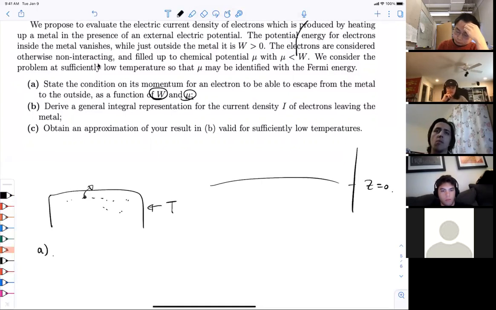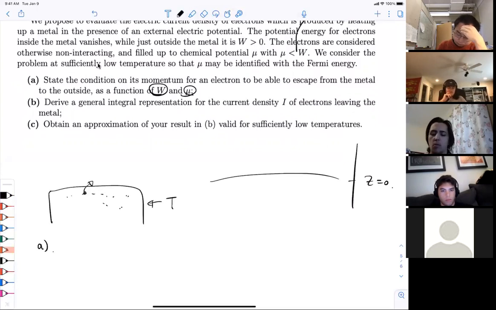You can always make some reasonable assumptions. Then the energy, basically (1/2) m V squared, must be larger than the work function, right?